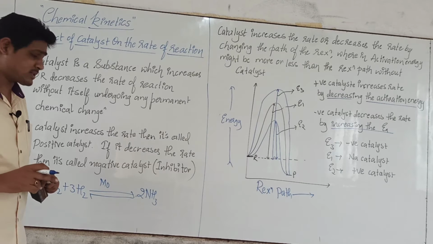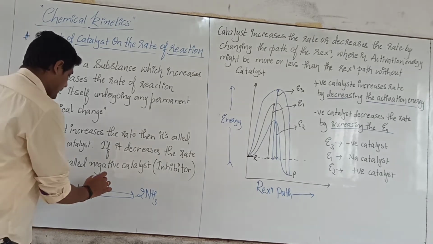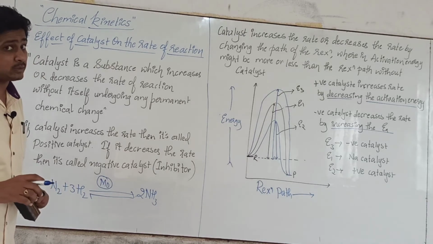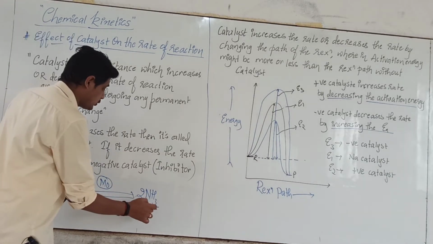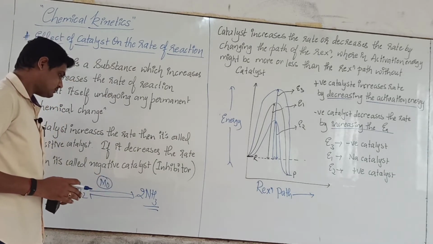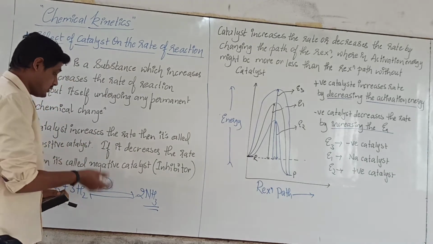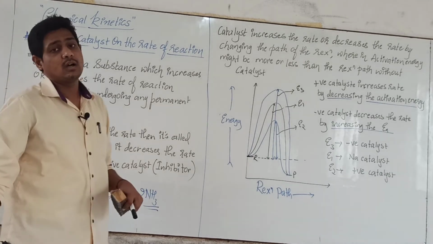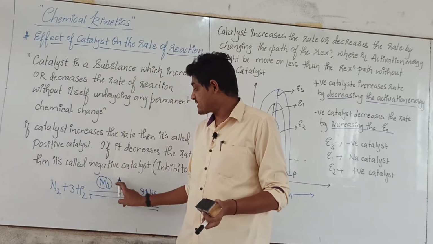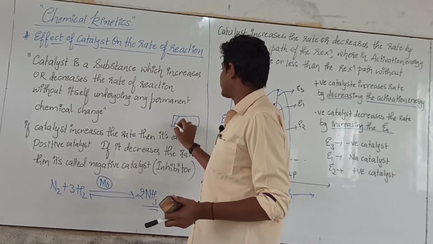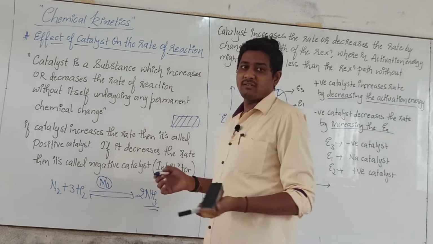In the presence of molybdenum, nitrogen and 3 moles of hydrogen are reacting and giving you 2 moles of ammonia. So what is the role played by molybdenum? It will give its surface. Molybdenum is a metal surface.